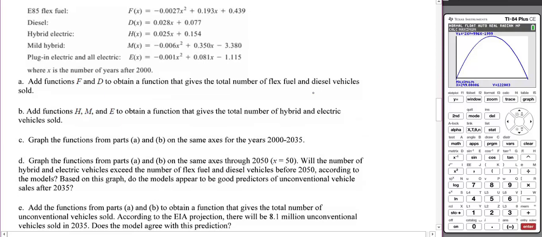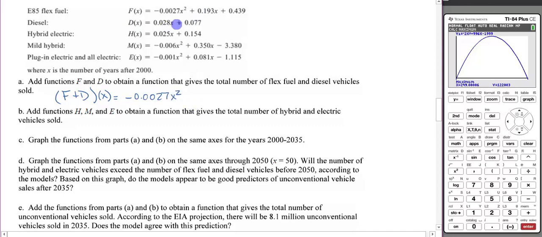Part A, let's add functions F and D to obtain a function that gives the total number of flex fuel and diesel vehicles sold. F plus D of X is going to be the f of x function plus the d of x function. So I'll have negative 0.0027x squared.